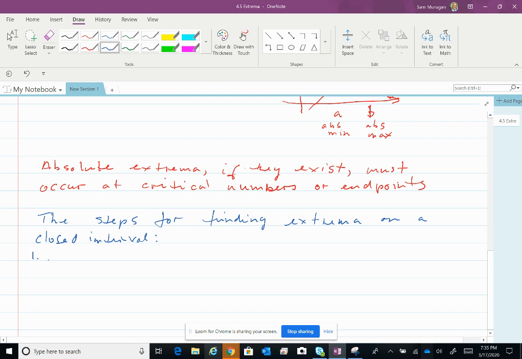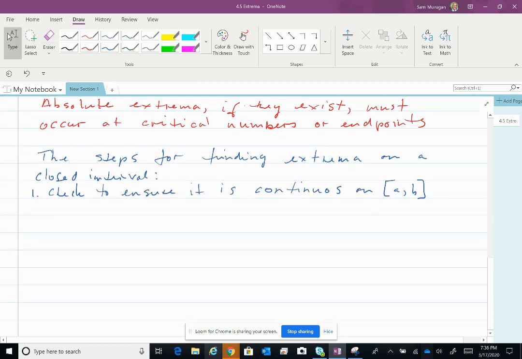Step 1, check to ensure it is continuous on the interval. That's important. It must be continuous. And you would either be told this in the problem, or you would have to determine this for yourself. Most of the time, if it is a polynomial, it is already considered to be continuous.